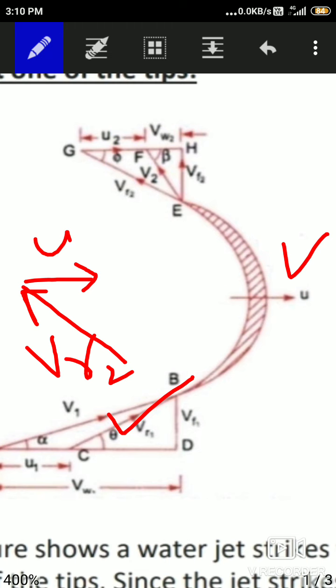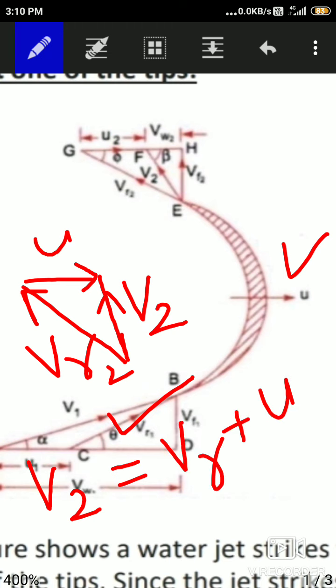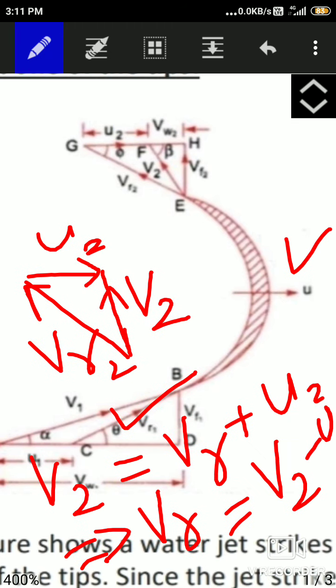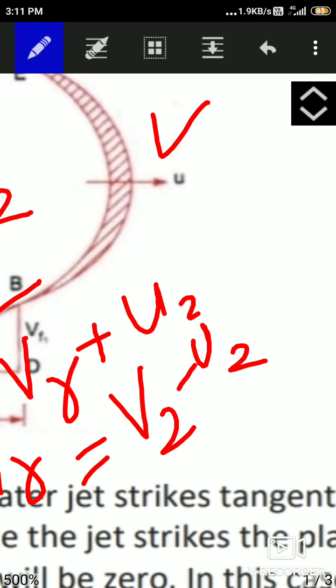This is U, and if we join these two, this is represented by V2, and V2 is equal to VR plus U. So finally VR is equal to V2 minus U, or you can say U2.